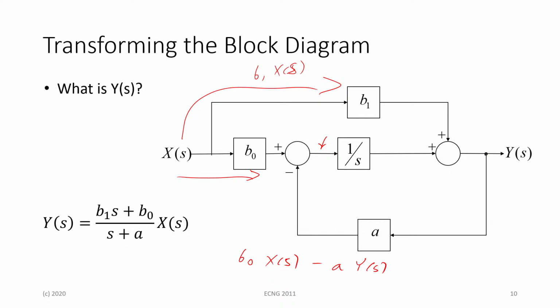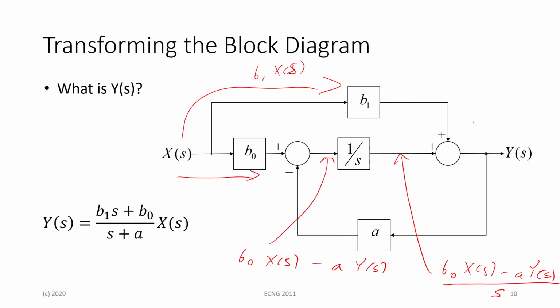There we go. No, the entire equation is not multiplied by 1 on s. That's why I'm redoing it, so you can see it, because I understood where I made my mistake. So the output here is going to be b0 x of s minus a y of s all divided by s, because of this 1 on s component here.